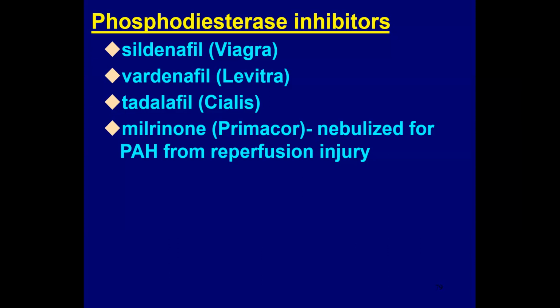Another one is milrinone, also known as Primacor. Milrinone is nebulized for pulmonary arterial hypertension that is due to reperfusion injury. I worked in a cardiac ICU where lots of our post-op patients got nebulized Primacor to prevent PAH.